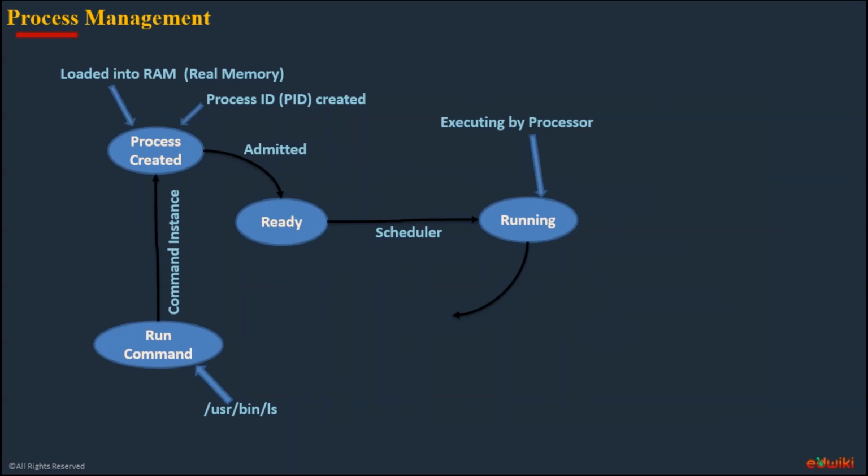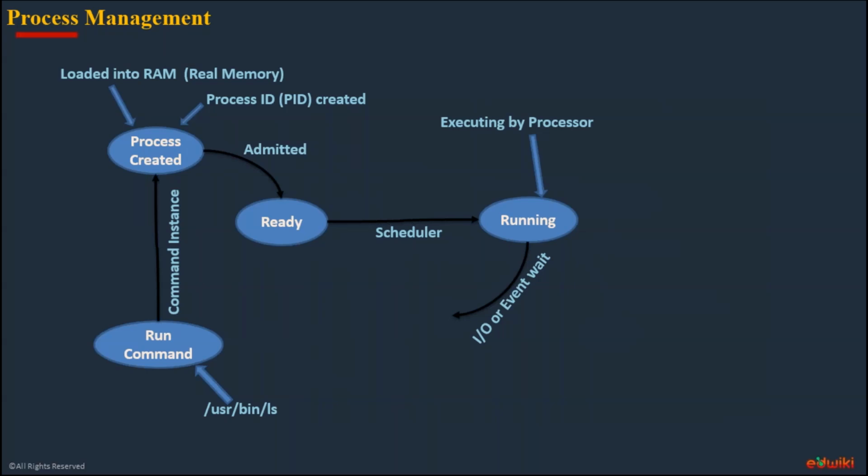When the process is actually running on the processor, sometimes it may be executed immediately, and sometimes it may take time. Sometimes your process may be waiting for input as well, right? Let's say you execute one command and it is expecting some other information as input. At that time, the process cannot be completed unless you provide the required input.